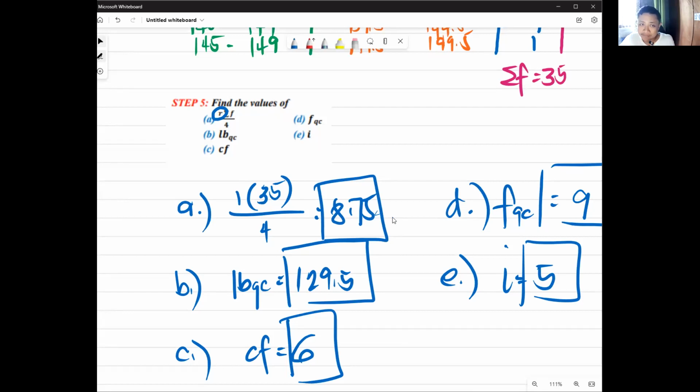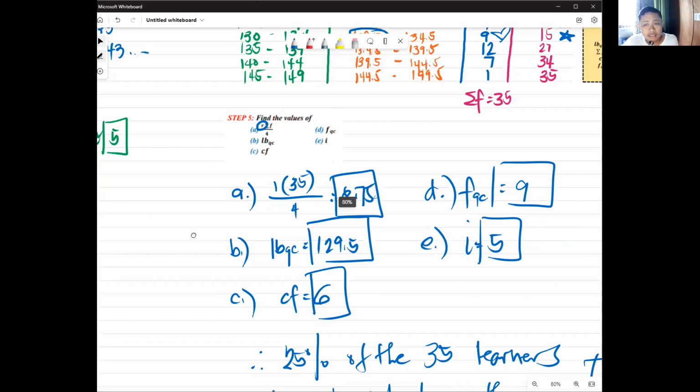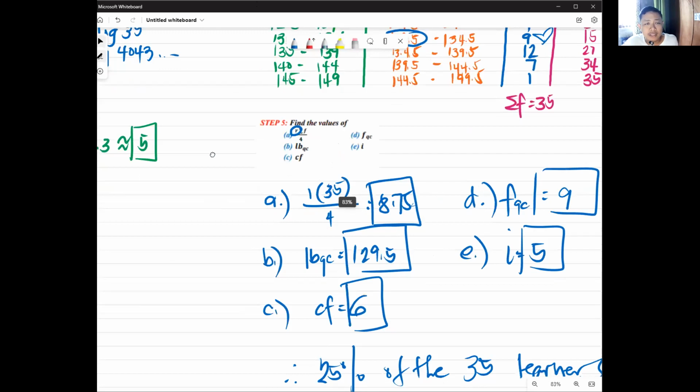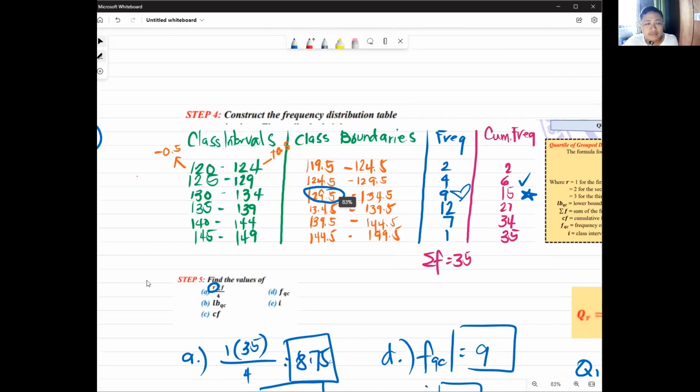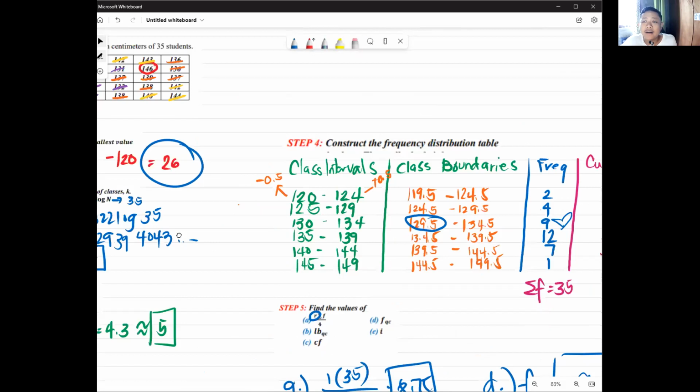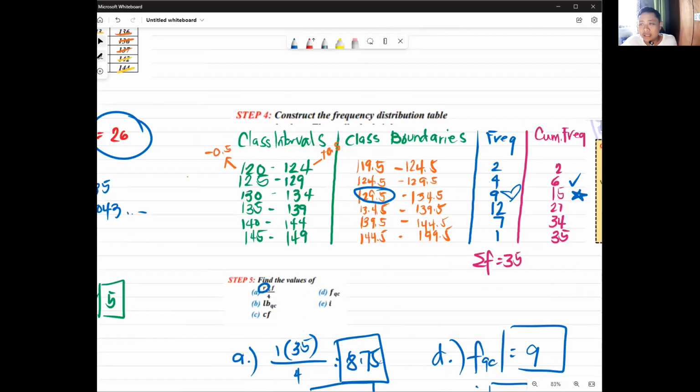Okay, remember that. And always remember also that there are times, actually what we did here was from scratch, the making of the frequency distribution from scratch out of your given set of data. There are also instances wherein the cumulative frequency distribution table is already given.